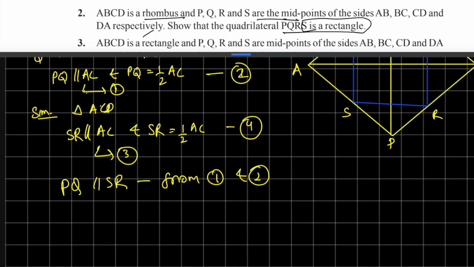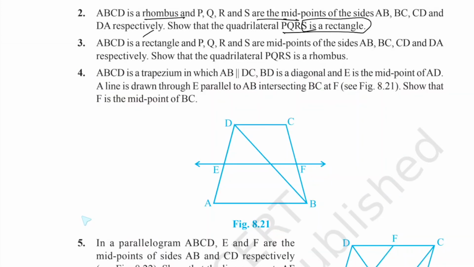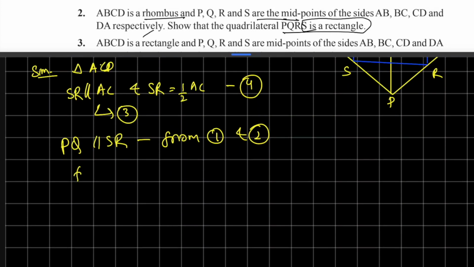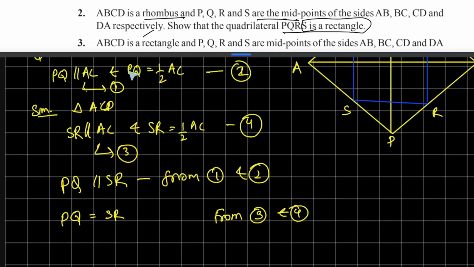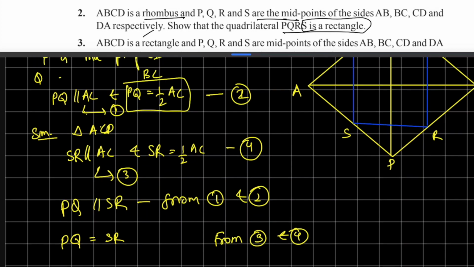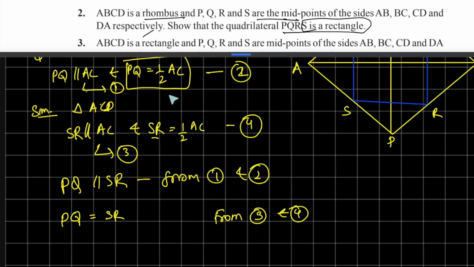And from equations 3 and 4, we can say that PQ is equal to SR, because with the midpoint theorem PQ is equal to half of AC, and SR is also equal to half of AC, so they are both equal.